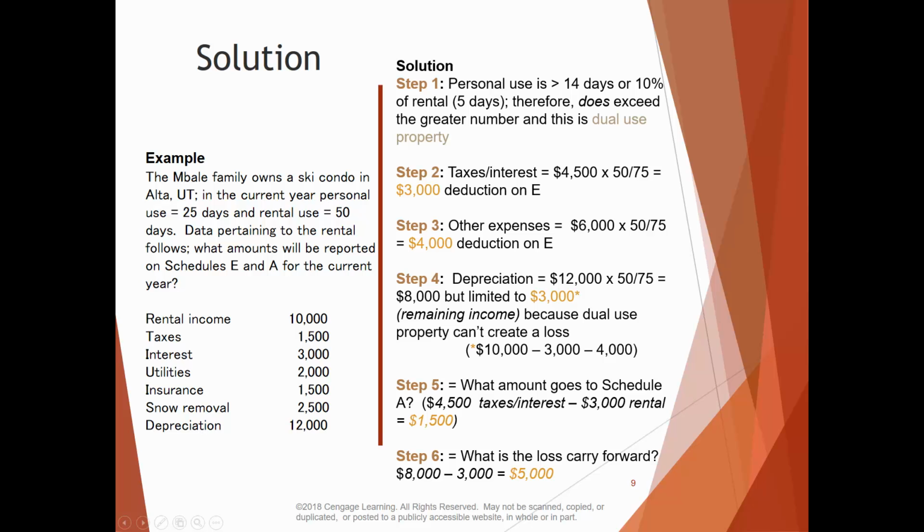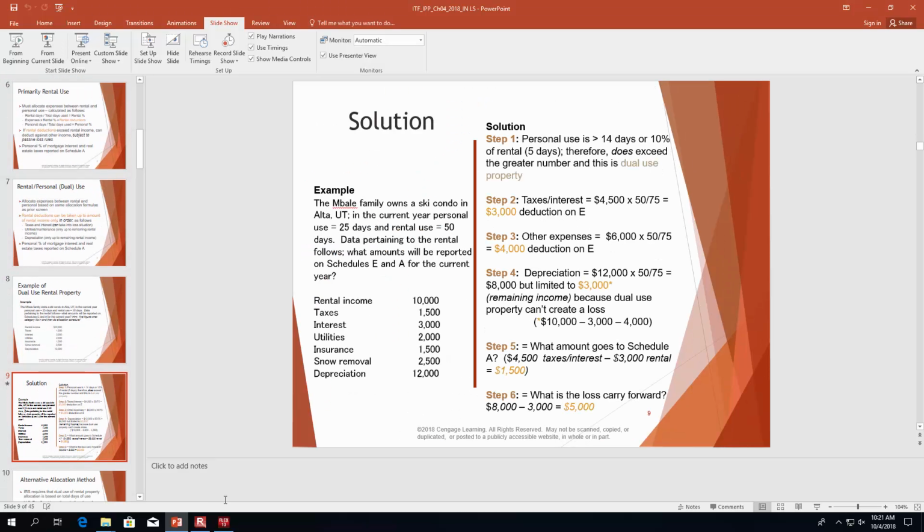Okay, so here's what happens here. With a dual use, we know that they can only take the expenses up to what? What was the income? 10 grand, right? So I did my schedule. Tell me what the numbers were.